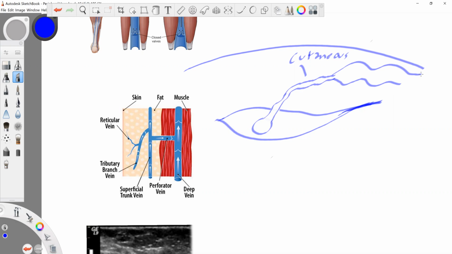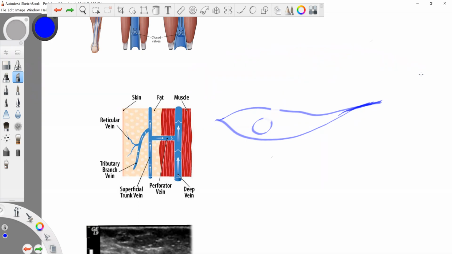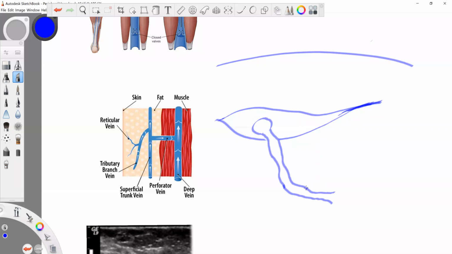The other possibility is, now let's go ahead and we'll draw it like this. I'll just kind of exaggerate this.